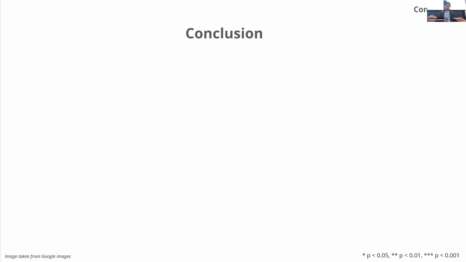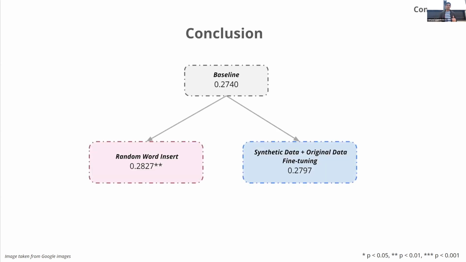Overall, we did a lot of experiments and we tried out multiple techniques. If we had to summarize everything in a single slide, we started off with a baseline that gave us a mean reciprocal rank of 0.2740. We tried two types of techniques that were parallel to each other: rule-based techniques, where one of them, random word insert, did perform well and outperform the baseline, and similarly, just using model-based techniques, we were also able to outperform the baseline.